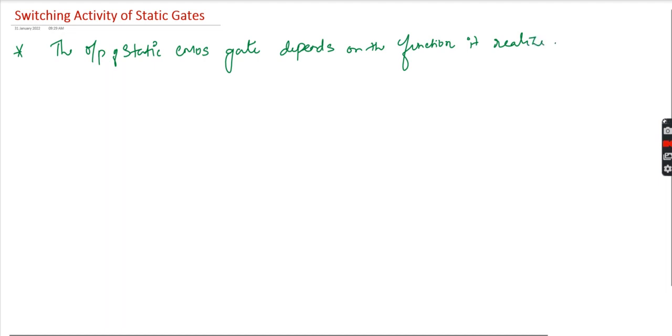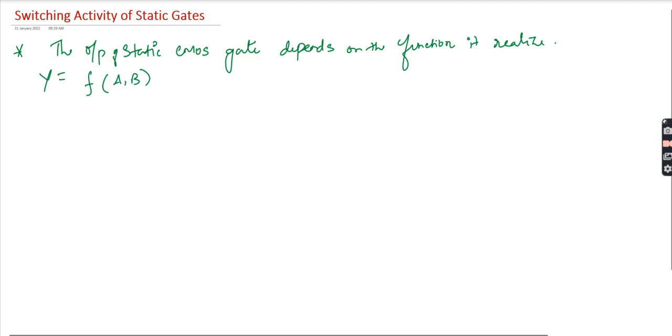For example, say the output y is equal to a b function. Using these two inputs a and b, I can realize any basic gate. That is the meaning of that.